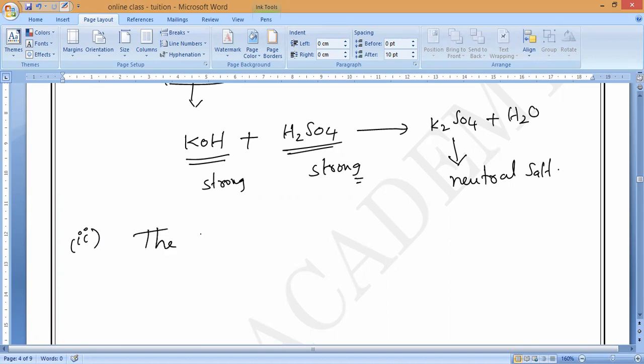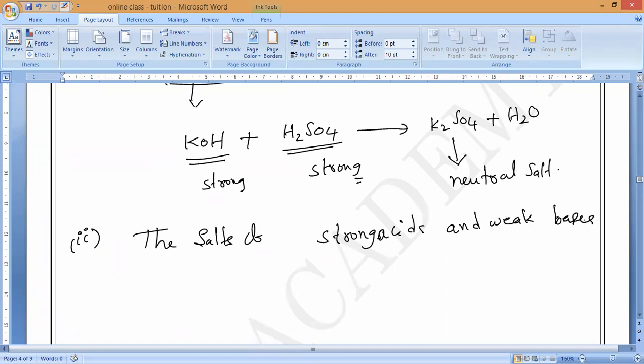The salts of strong acids react with weak bases and give acidic salts.